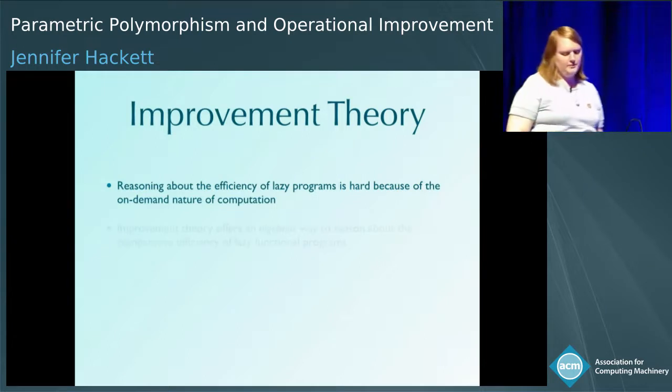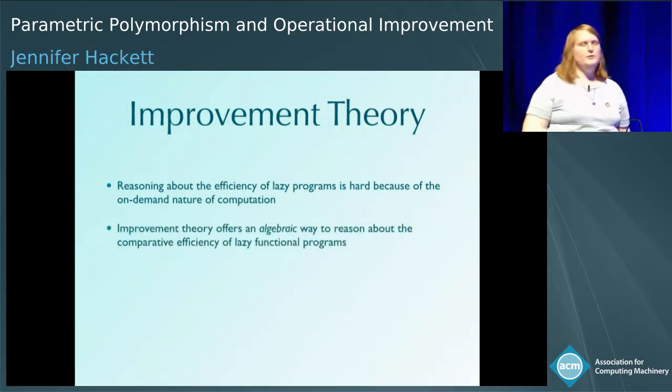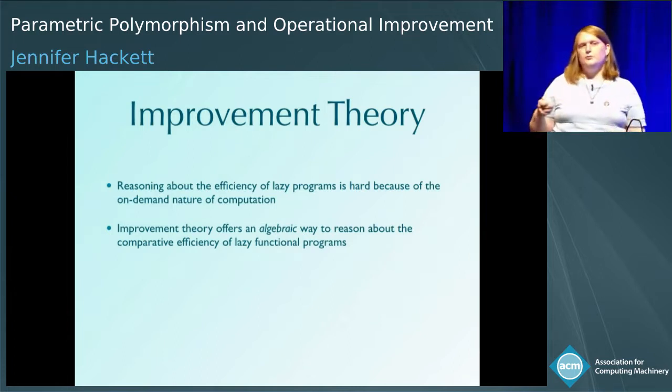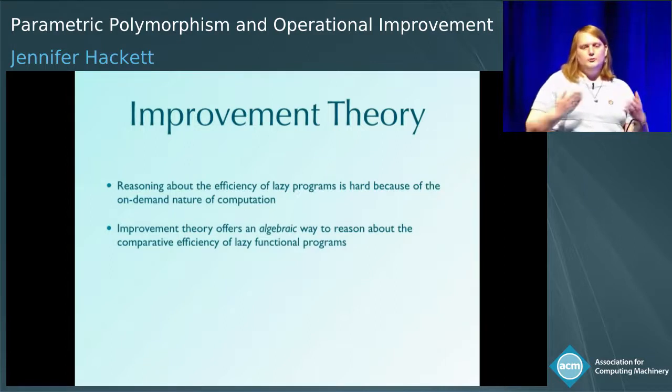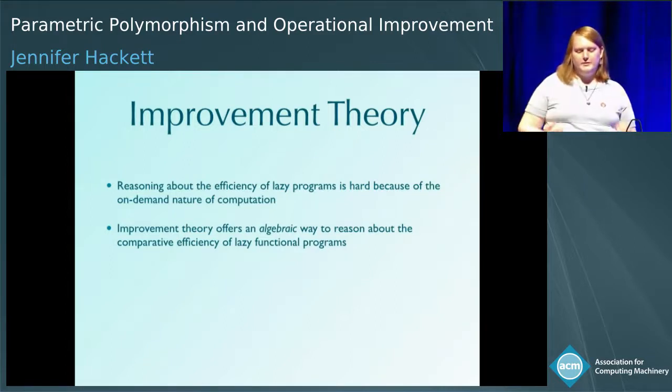So what you have is improvement theory. That gives you a more algebraic way to think about things. The way you do that is you abstract over all possible contexts, and then it gives you a nice algebraic theory that you can use to prove things about the relationships between programs. It doesn't tell you how fast an individual program is, but it can tell you how two programs compare in regards to efficiency.